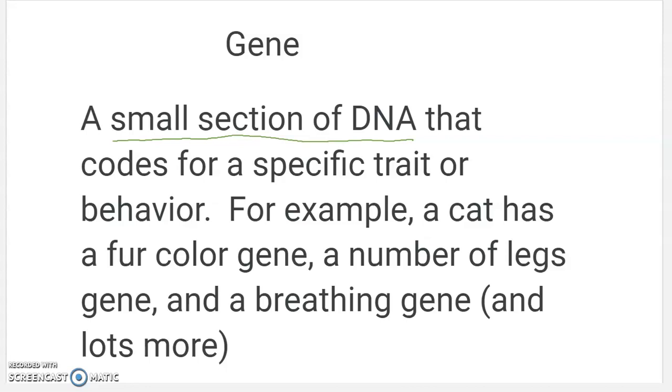So for instance, a cat has a fur color gene, a number of legs gene, and a breathing gene, and many more. So a gene is a small section of your DNA that codes for one specific trait or behavior. Go ahead and pause and make that index flashcard now.